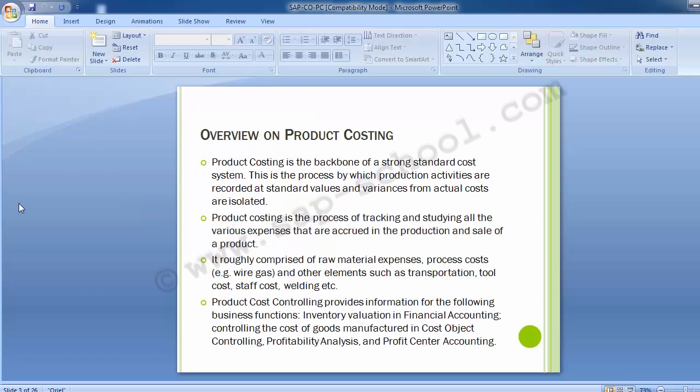Product costing is the backbone of a strong standard cost system. This is the process by which production activities are recorded at standard values and variances from actual costs are isolated.